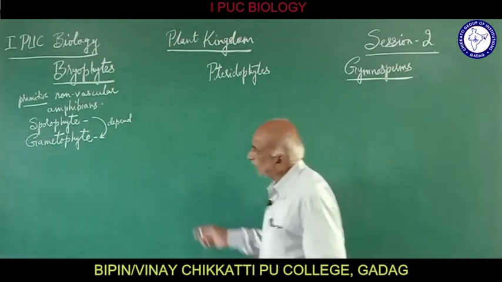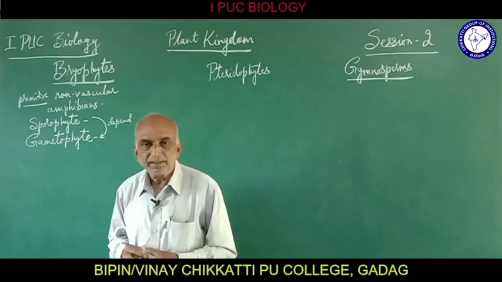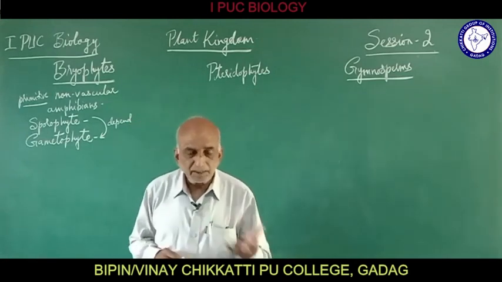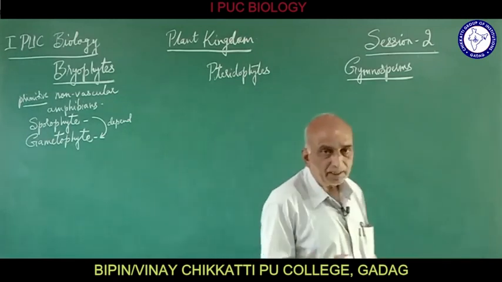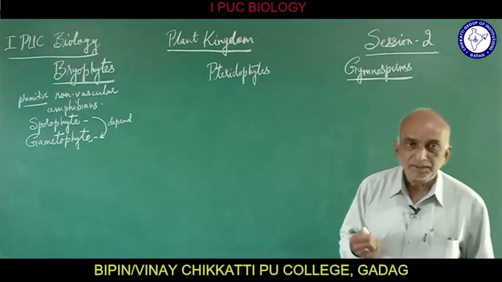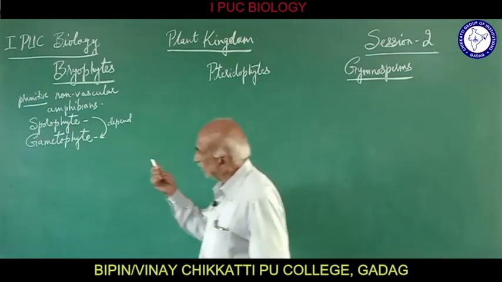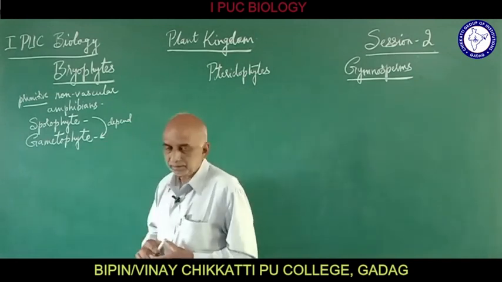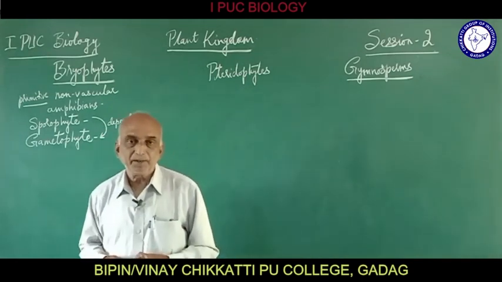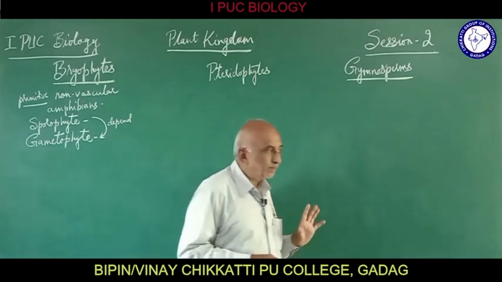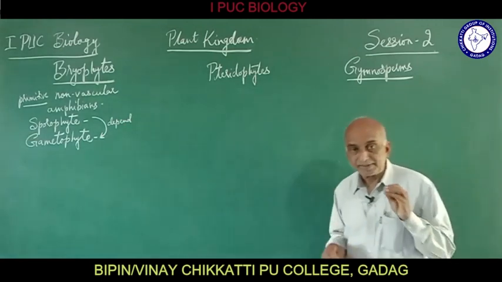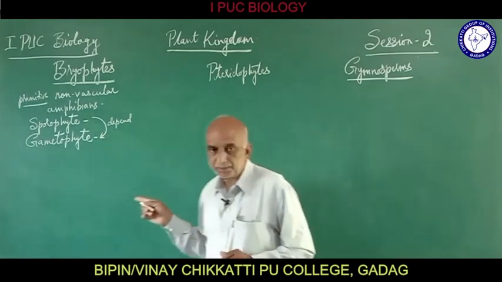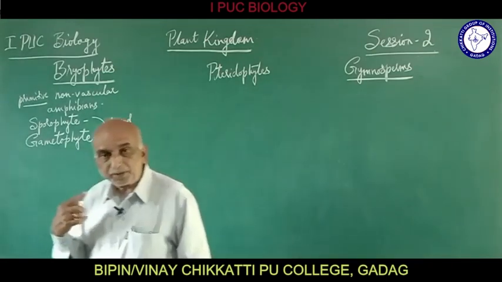Now the gametophyte is a part which produces the gametes, the male gamete and the female gamete. So that part of the plant undergoes sexual reproduction. When the zygote is formed during sexual reproduction, by the union of the male and female gamete, the zygote will develop into the sporophyte.